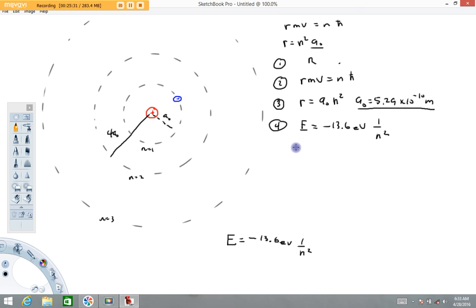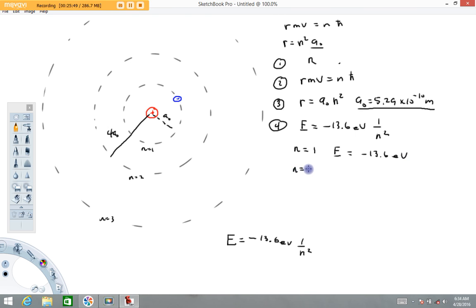This has some consequences. I'm going to go through some numbers. If n is equal to 1, the electron carries an energy of minus 13.6 eVs, or electron volts.